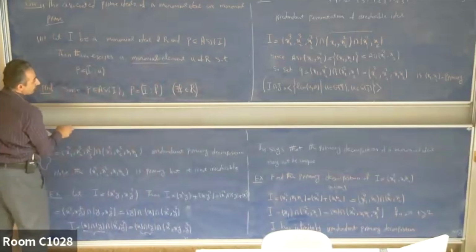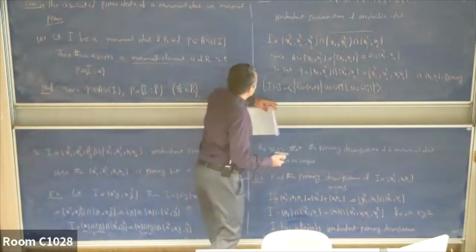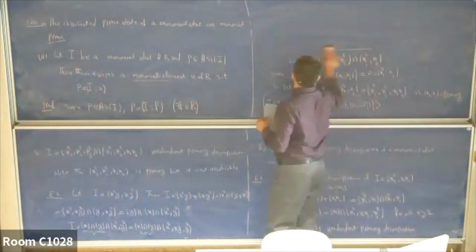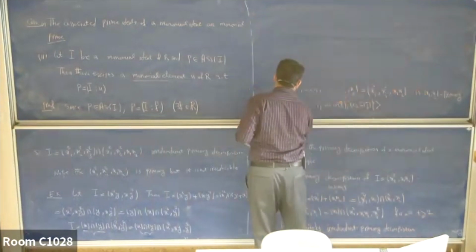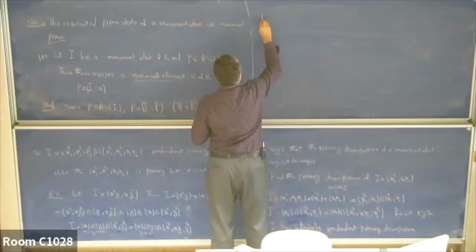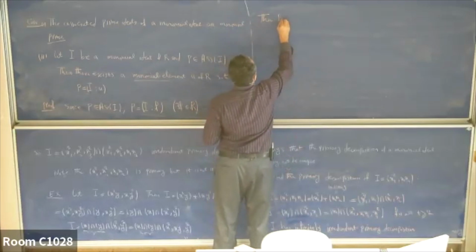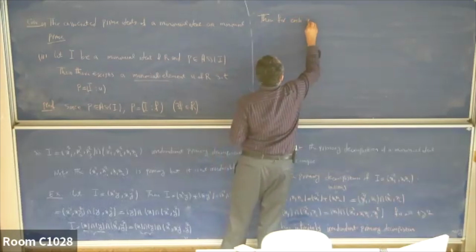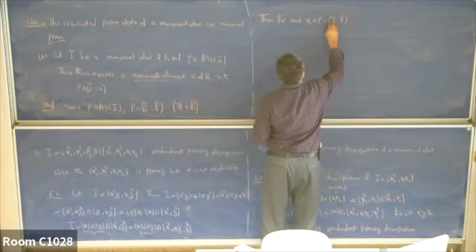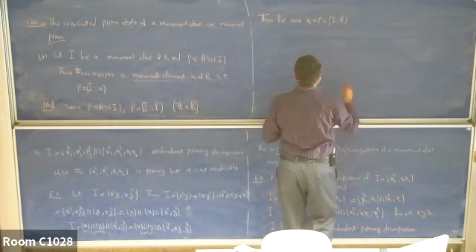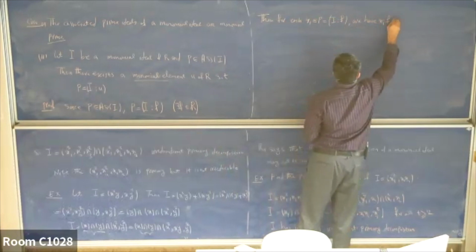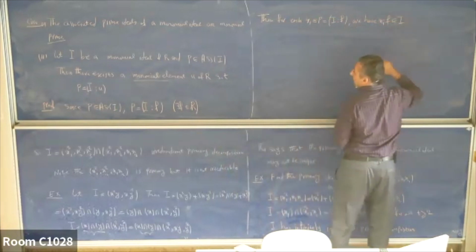Then for each xᵢ in P, xᵢf is in I. From here we have xᵢf in I. So I is a monomial ideal.